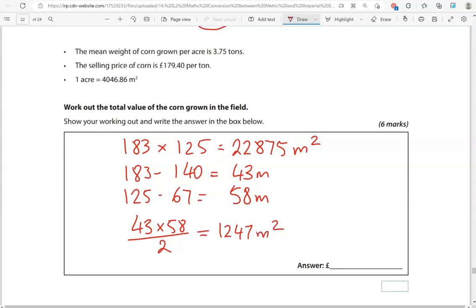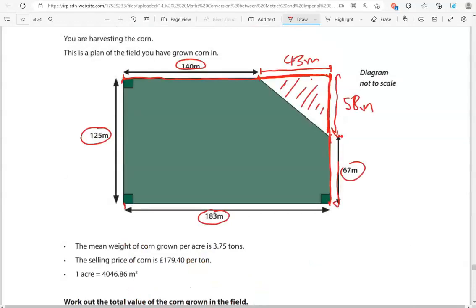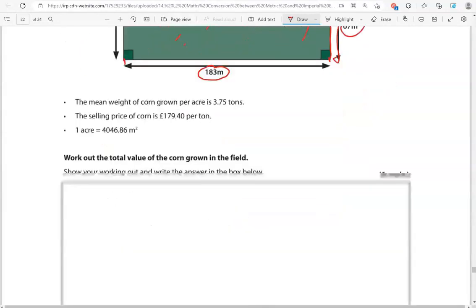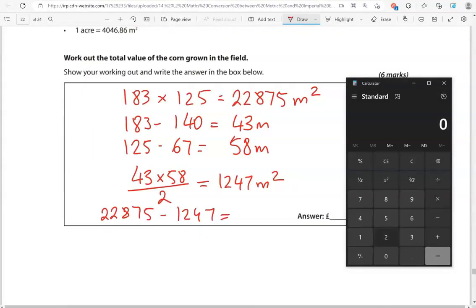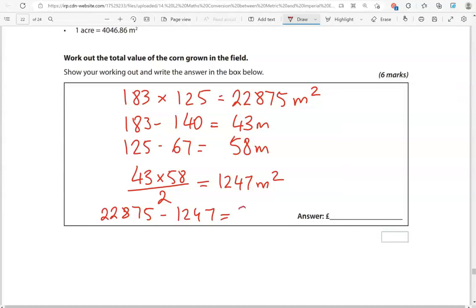So if I take it away from 22,875, it should give me the area of the field, which is this one here without the triangle. Which is 21,628.